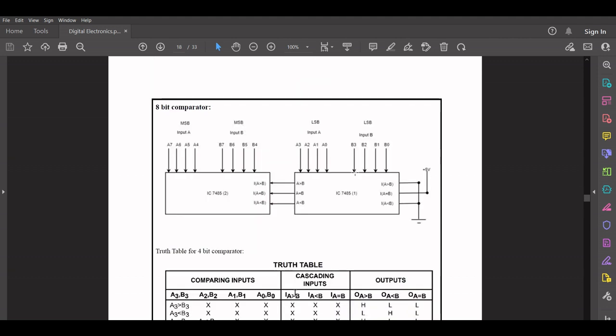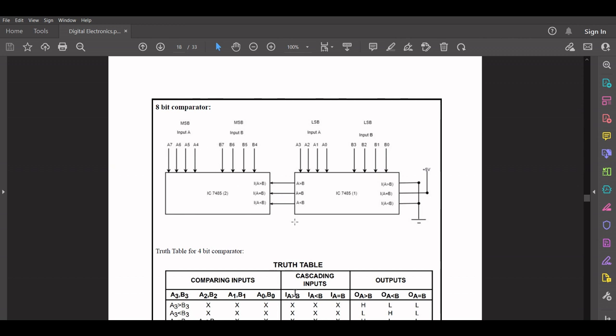Then we have the third case where we implement an 8-bit comparator. Since the IC7485 is only a 4-bit comparator, we'll have to cascade two of them in order to give us an 8-bit comparator. This is the first 4-bit comparator. It has 8 inputs ranging from B0 to B3 and A0 to A3. This becomes the first 4 inputs, and the second IC gives us the next 4 inputs, that is from B4 to B7 and A4 to A7.